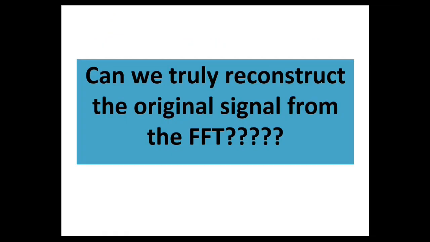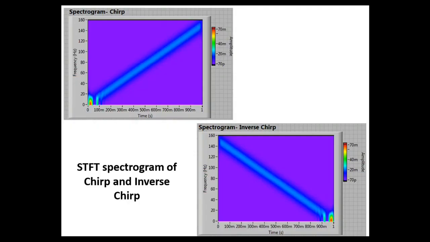So, as I said, can we truly reconstruct the original signal from the FFT? The answer is no. Okay. So for this, one of the simplest algorithms is the short time Fourier transform spectrogram. Okay. Now, if you see in this short time Fourier transform spectrogram, you have time and frequency in the XY axes, and this color coded stuff is in the Z plane.